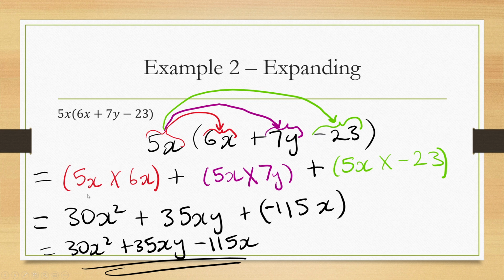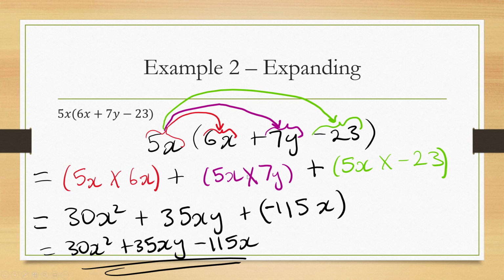So 5 times 6 is 30. And then you're going to multiply the letters, which if they're the same base, which is x and x, you raise it to the power. So there are two x's and they're being multiplied. So it's going to be to the power of 2. So this is going to be 30x squared, or 30x to the power of 2.